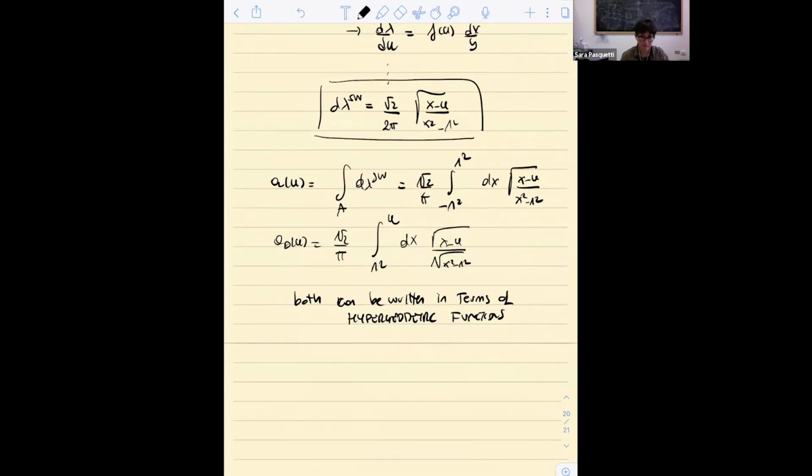So in particular, A of u is going to look something like this, with lambda square plus u square. So this minus a half, 1, 1, they are the coefficients of the hypergeometric. And then there is a similar expression for A dual of u.